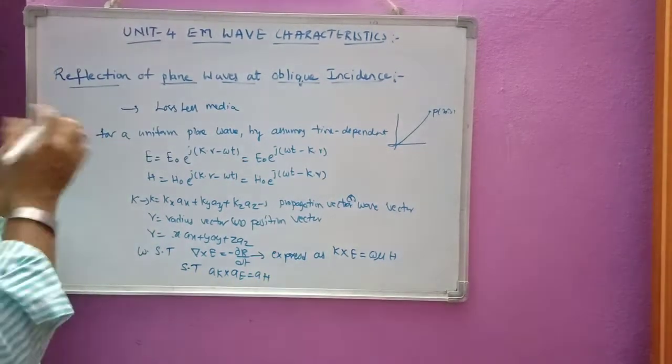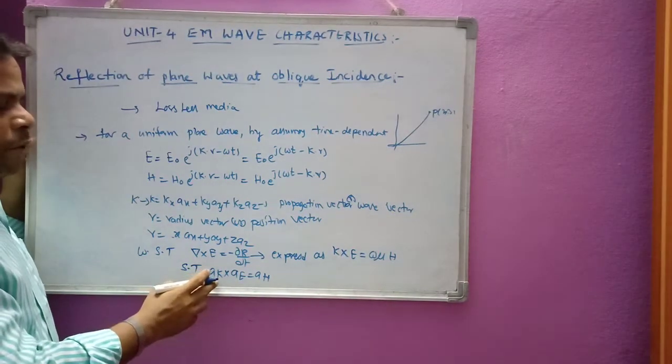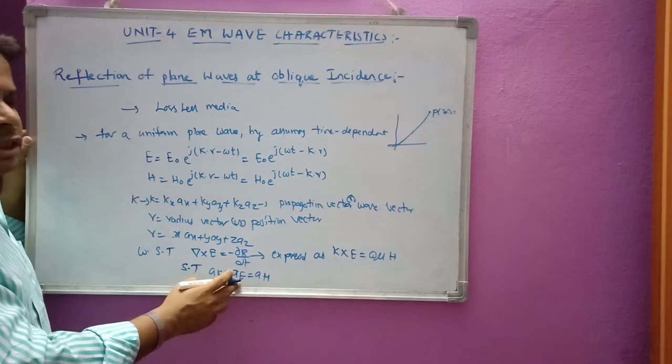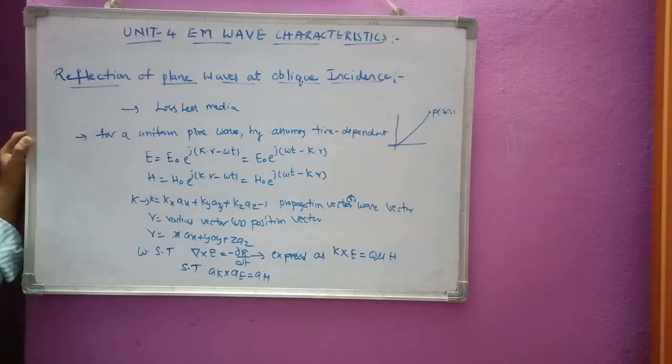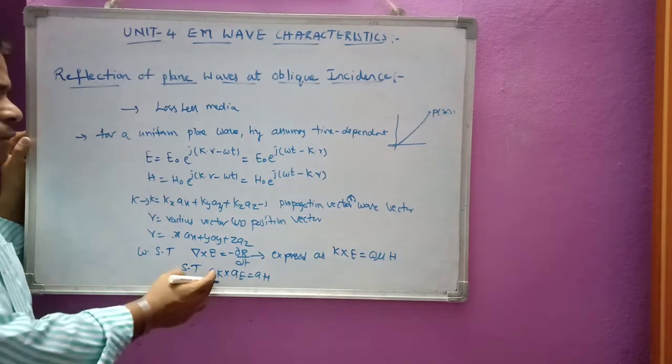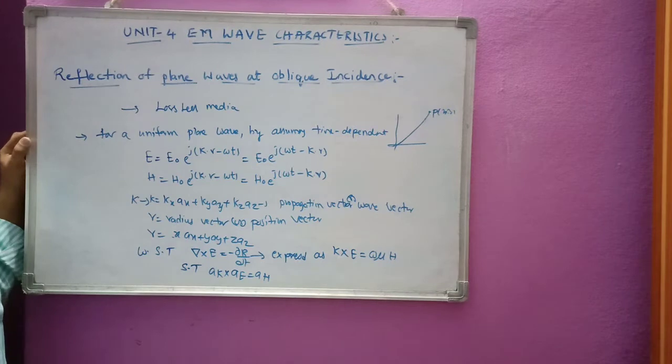Already we know this one, that is the cross product of the direction of wave propagation and the electric field direction is equal to the direction of the magnetic field.